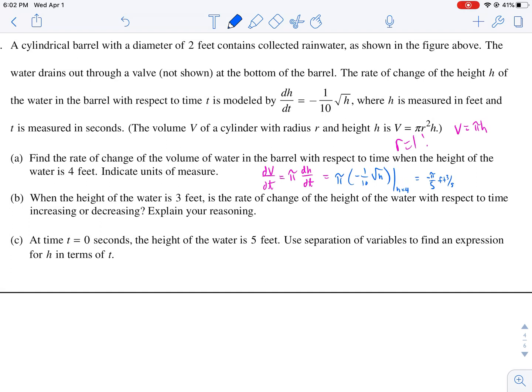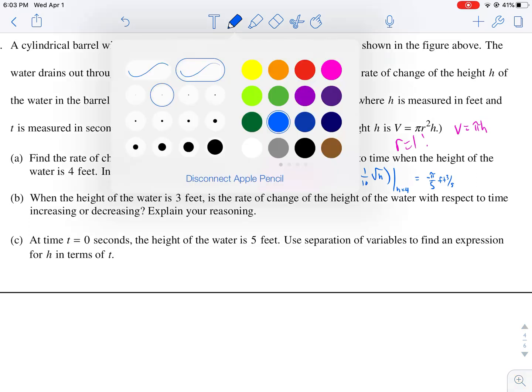B, when the height of the water is 3 feet, is the rate of change of the height of the water with respect to time increasing or decreasing? So now it wants us to say if this thing is increasing or decreasing. To show if anything is increasing or decreasing, you find its derivative.